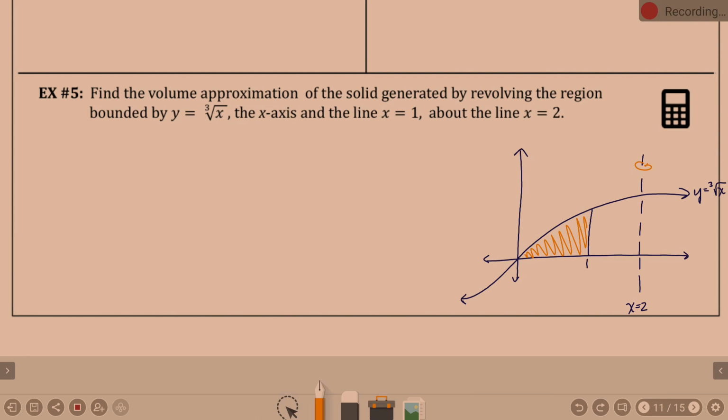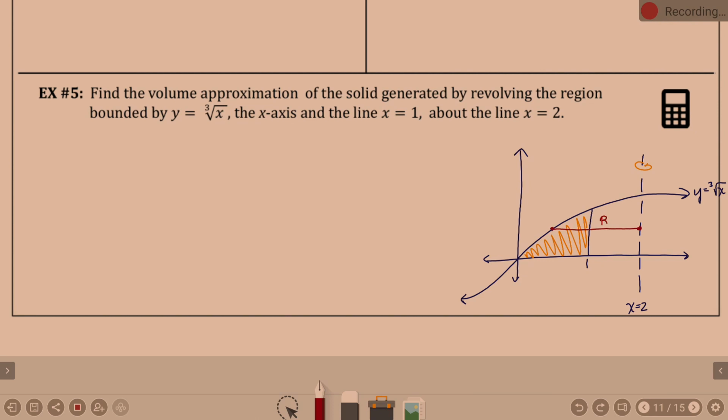Now, let's see. Some talking points. Big R, little r, I guess. Big R is 2 minus the cube root of x. Yes and no. I feel like little r is the one.